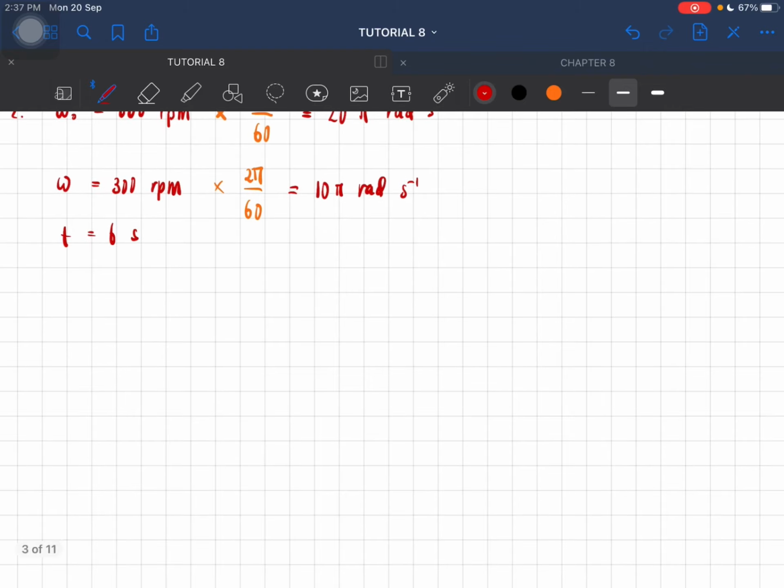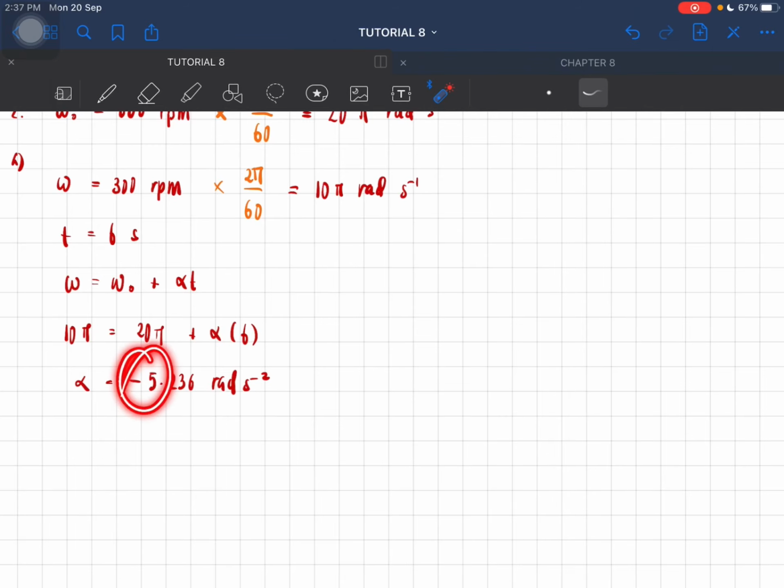Okay, so this one is just basically using the formula omega equals omega naught plus alpha t. So you substitute the values we have converted into the SI unit. So you should get the angular acceleration to be equal to negative 5.236 radian per second square.